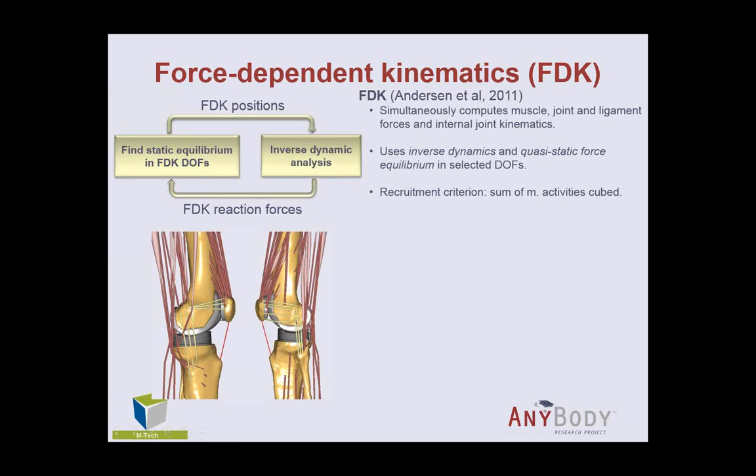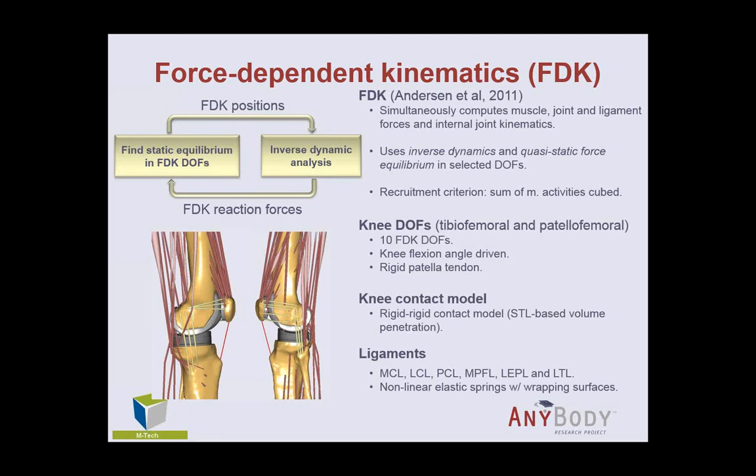If you don't position everything where all the ligaments are in balance and all the forces are in balance, you of course end up with residual forces. So those we then take out, and then we make a nonlinear solver search for the FDK positions that give no reaction forces. So we basically search for static equilibrium within these degrees of freedom.